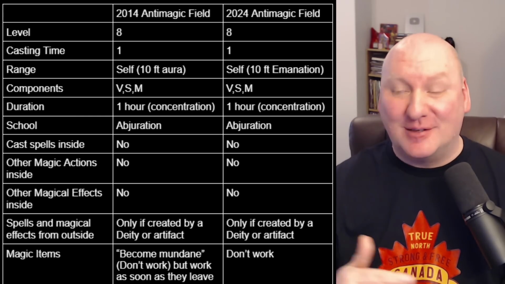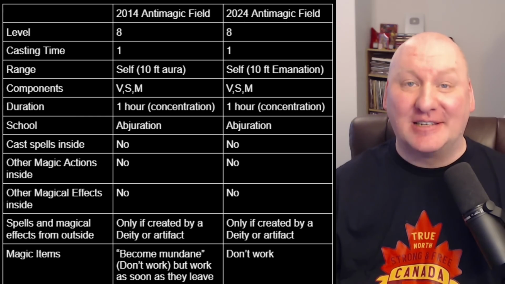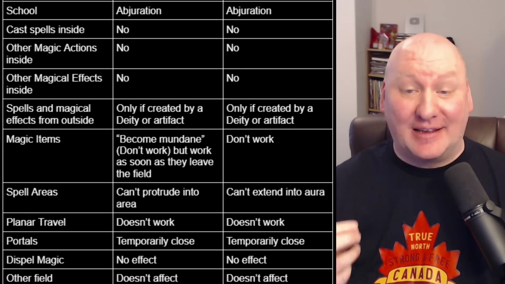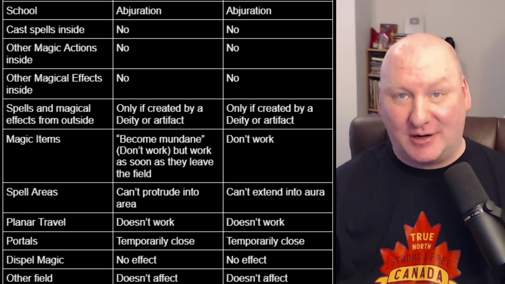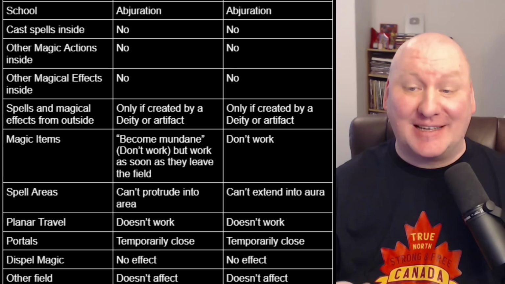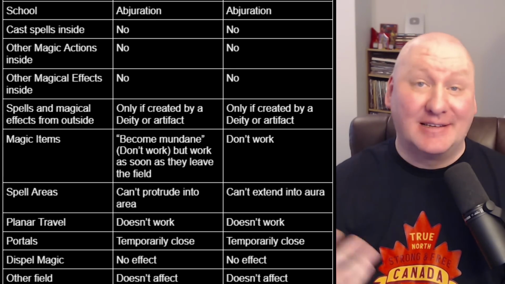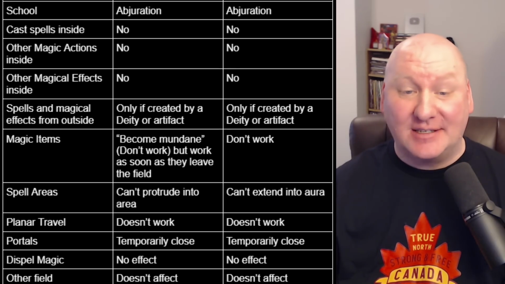So significantly different wording, by the way, for these two things, but ultimately meaning the same thing. Spell areas, it says they cannot protrude into the area in the 2014 version. In the new version, it says they can't extend into the area. Protrude, extend, same thing. Planar travel doesn't work in either case.